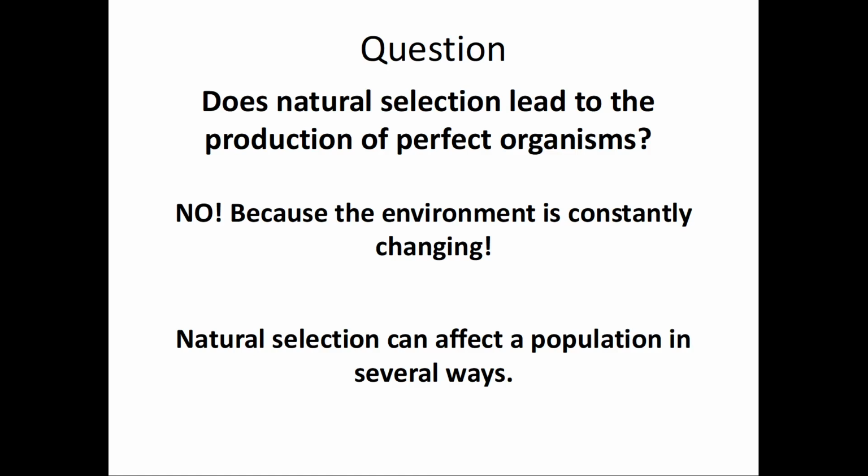Who knows what they're doing, but the environment is always changing. And because of this, the target of what would be considered the perfect organism is always changing. So that's not what's going on here. They're not creating a perfect organism. They're creating what is now the most fit organism in that particular environment at that particular time.